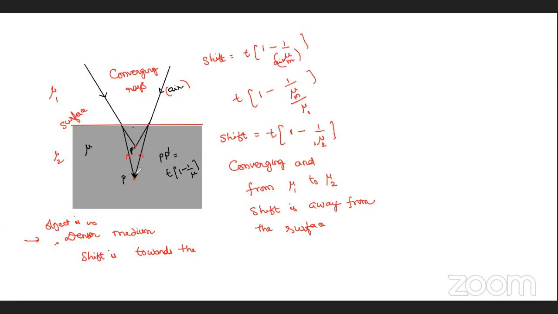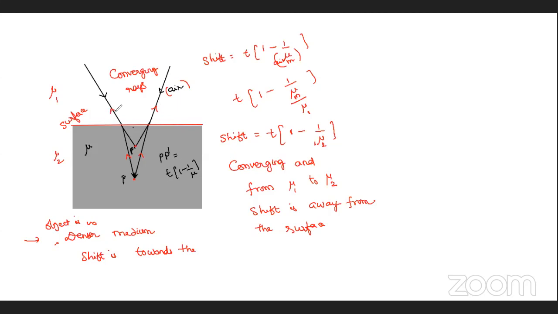Actually outside, when you take the object here, means you are seeing from outside. I think they appear to be diverging rays. Why? Because when the object is taken right here, the light ray will come and diverge, will go like this.